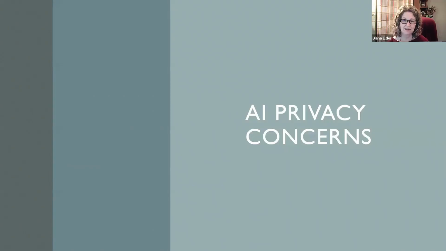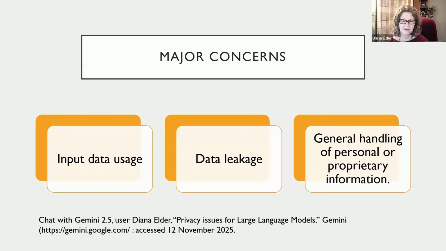So I thought we'd talk a bit about some of the major concerns and spend some time on AI and privacy. I had AI help me with this because I thought, why not? AI knows a lot about its privacy issues, right? I gave the same basic prompt to all of the AI models, and I'll show you some of the different answers I got, and we can think about these.